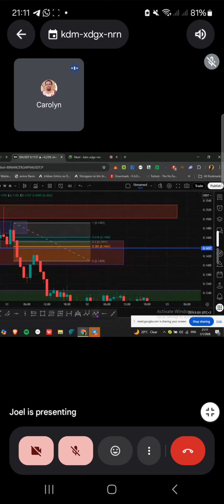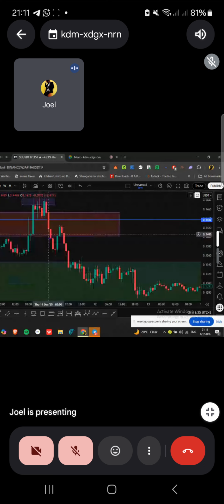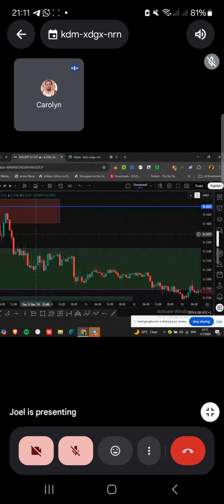So it would have been better if price here had come all the way to my 38.2 area or 0.5, the 50% area. But it stopped along here and continued downwards. So this trade I would have missed if I'm following chart pattern.